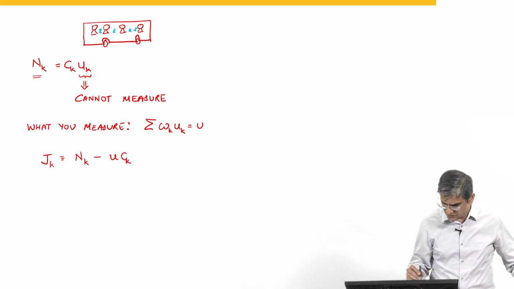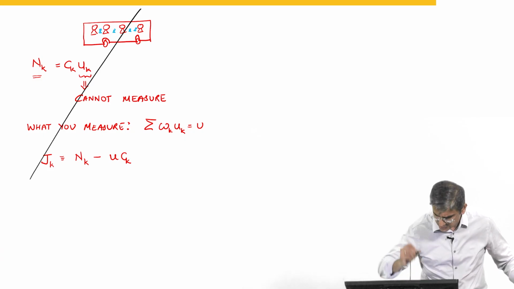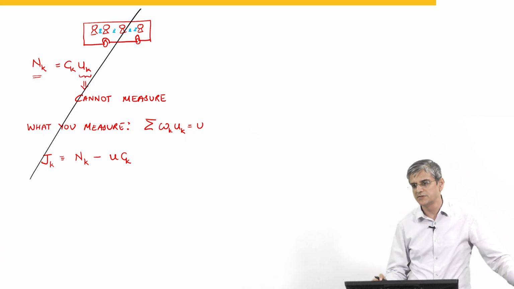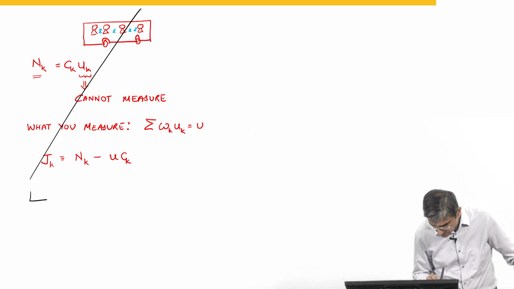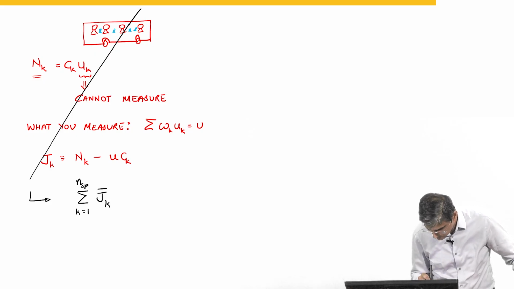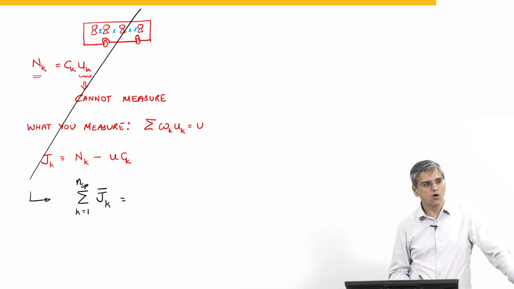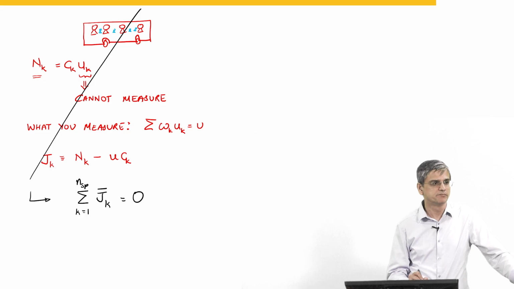Okay. All of this you can forget, it does not matter, this is for your understanding. What can you use from this? The one main thing that you can use from this is, because of this, if you add up Jk bar over all species, they will become 0.